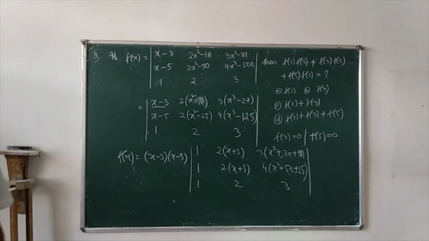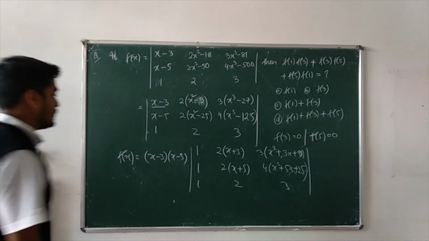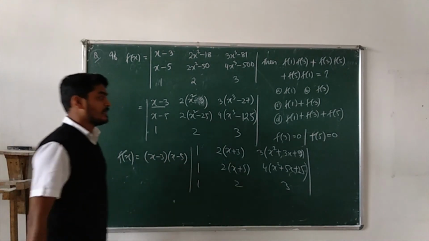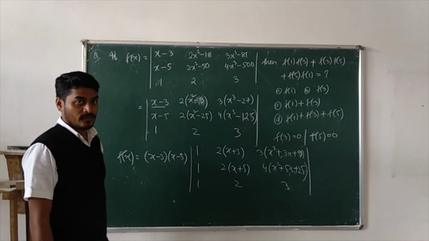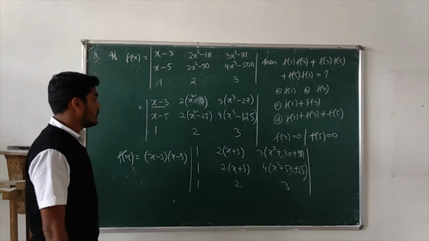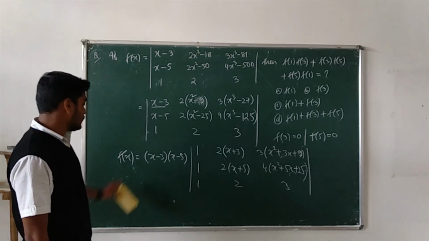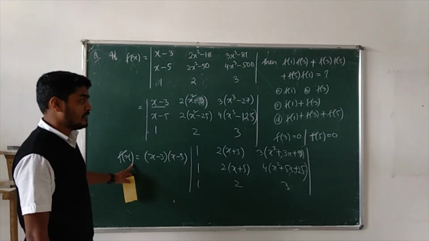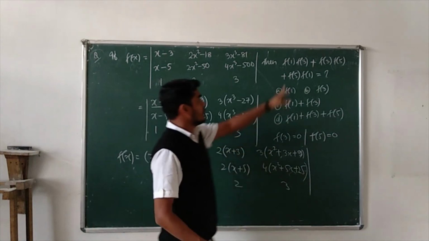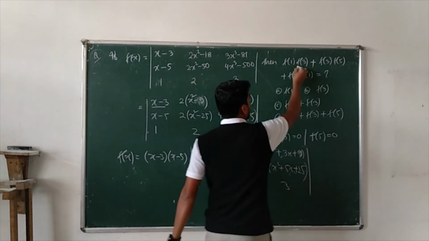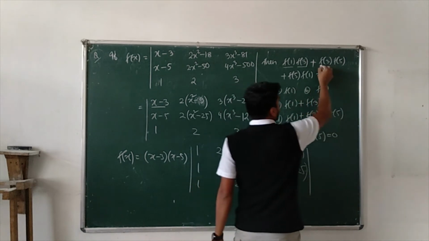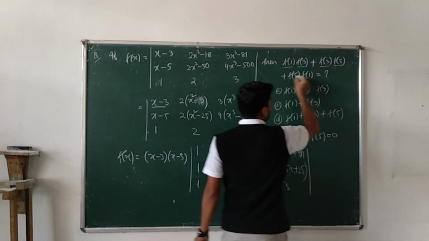So now what we will do, we will try to simplify. That means we will try to simplify in such a way that we will get the main expansion. Correct? So we are going to find out the value. From here also you have got that f of 3 and f of 5 are equal to 0. Then put the value f of 3 as 0 into something, this one will become 0. 0 into 0 is 0, 0 into something is 0.